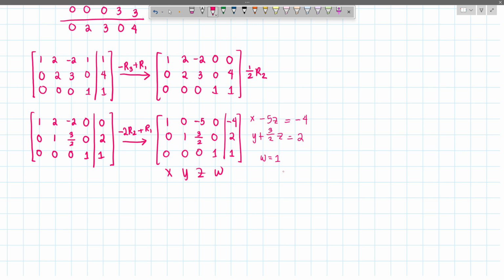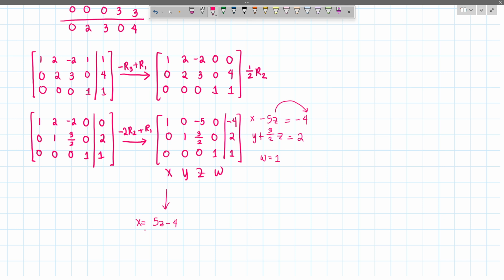So we know already that w is equal to 1. As you can see here, we need to give the values for x, y, z, and w. For x, we can rewrite x in terms of z. You just need to transpose this. So x is equal to 5z minus 4.